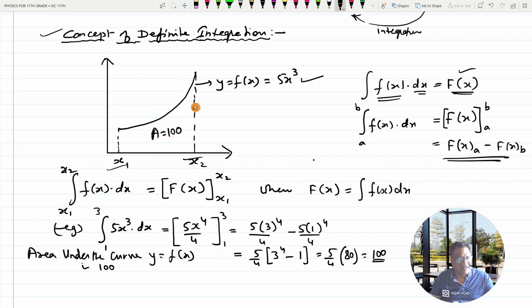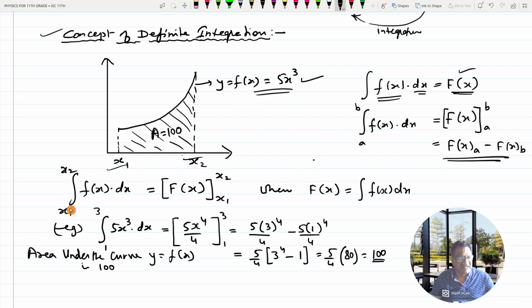The area under this graph and between the lines x equal to x1 and x equal to x2, and the x-axis, this area bounded under the curve between the x-axis and these two vertical lines at x1 and x2 will be given by the definite integration of this function.